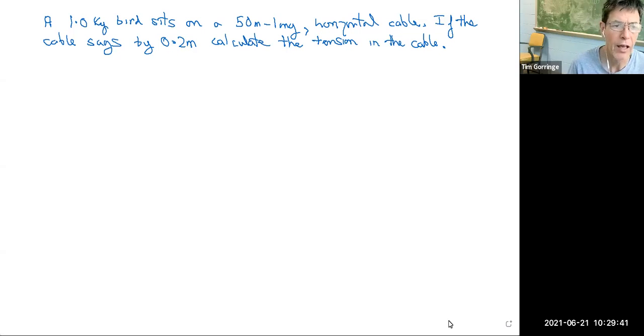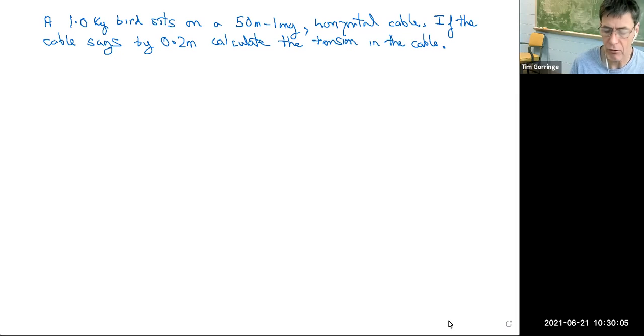I'm going to work an example problem that involves tension force and gravitational force and equilibrium of forces. So in this problem, we're told that we have a 50-meter long horizontal cable or wire.